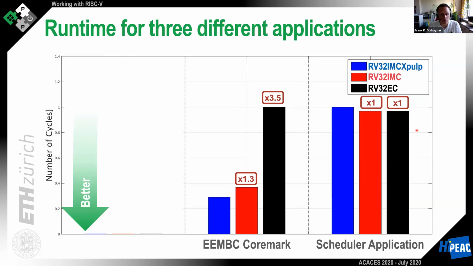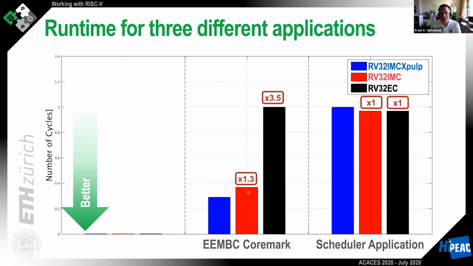Now, if you go one more step, you have to notice that the number of cycles is proportional to how long it takes to execute. So less is better. And we are taking some embedded benchmark, and you immediately see that the simple core is taking much longer than the more enhanced ones.